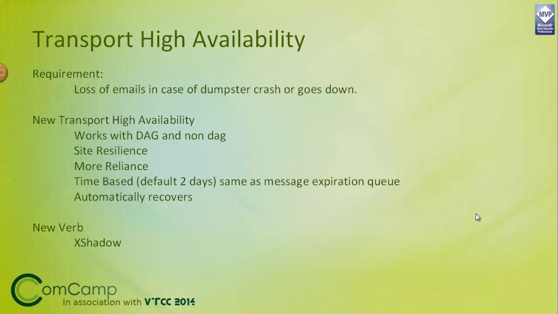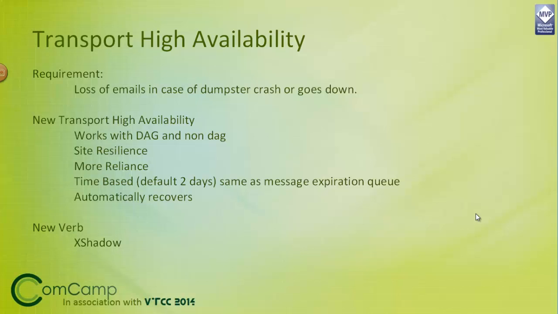All right. So let's talk about the new high availability feature in Exchange 2013. In Exchange 2013, we have a new high availability feature which works with DAG and non-DAG.